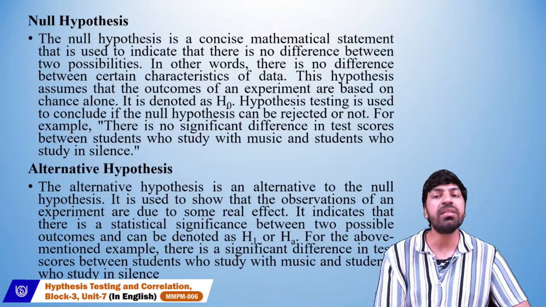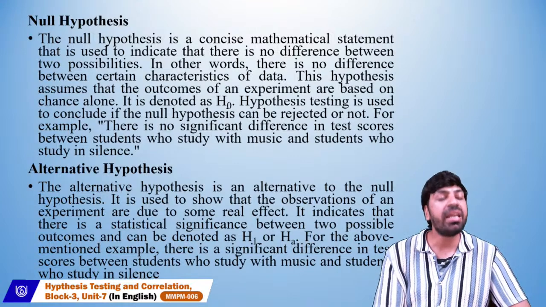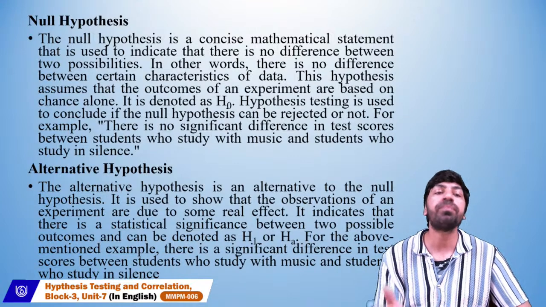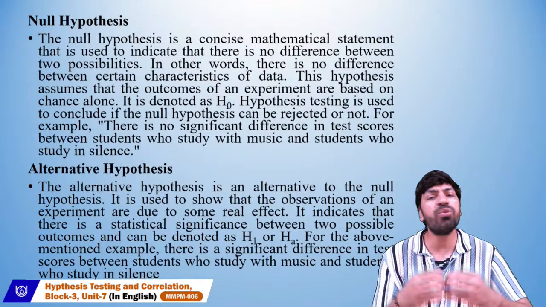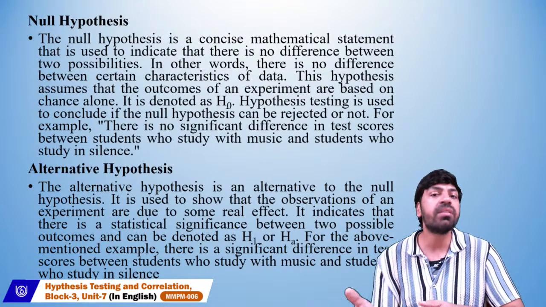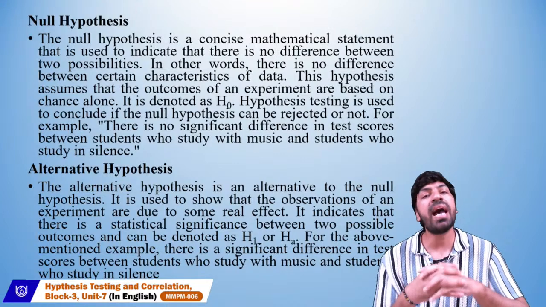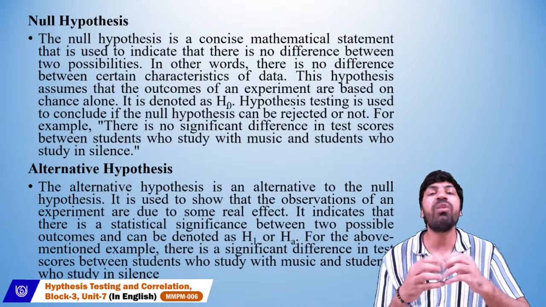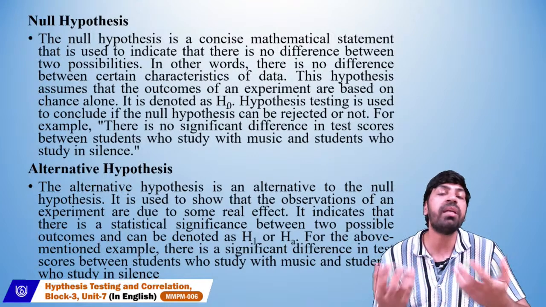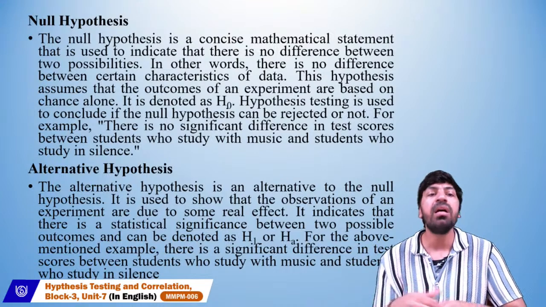The null hypothesis is a concise mathematical statement which is used to indicate that there is no difference between any of the two variables or the two possibilities. That means there is no difference between whatever variables have been chosen by the researcher, or in the population data. This hypothesis assumes that whatever the outcomes of an experiment or an observation are totally based on chance alone.